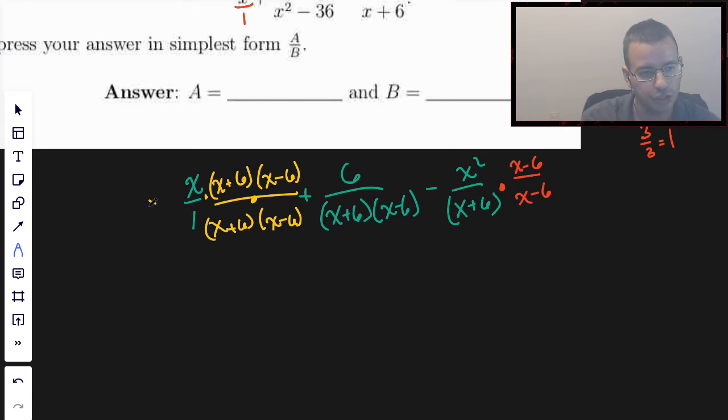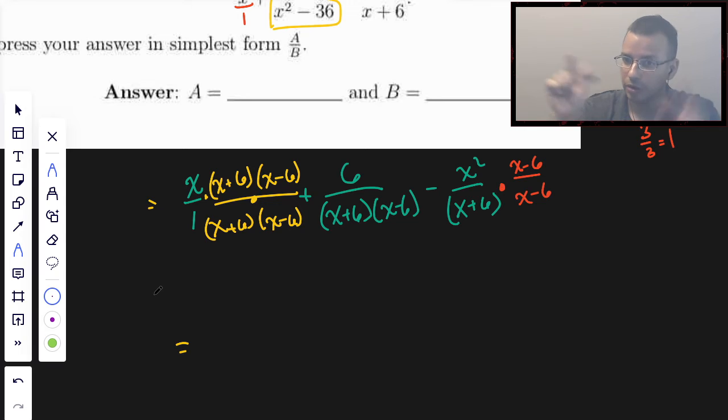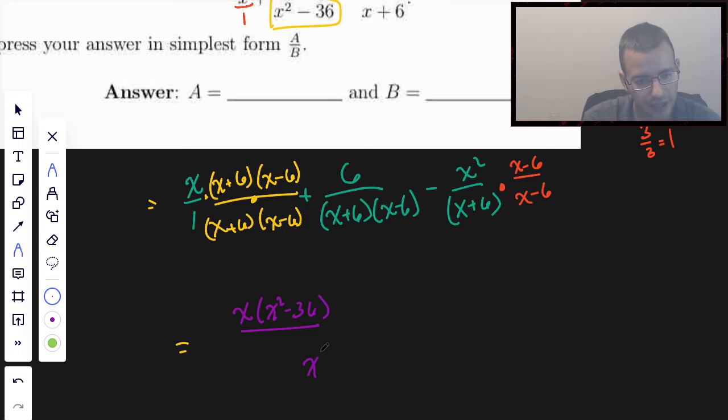So we're going to simplify the top. x plus 6 times x minus 6, we know previously, is x squared minus 36. Even though I separated them before, I'm going to put them back together. x times x squared minus 36, all over x squared minus 36, plus 6.